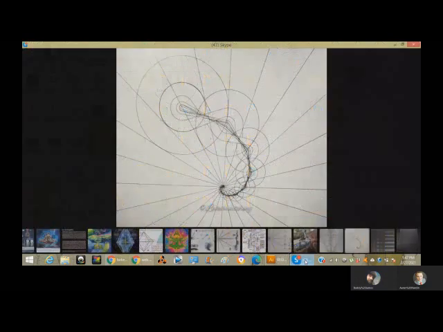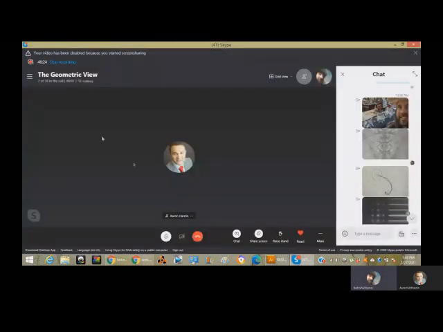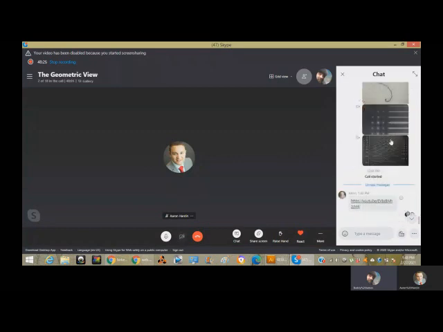So yeah, the rock art is really cool. That helps express the plasma instabilities that we saw in the southern skies.